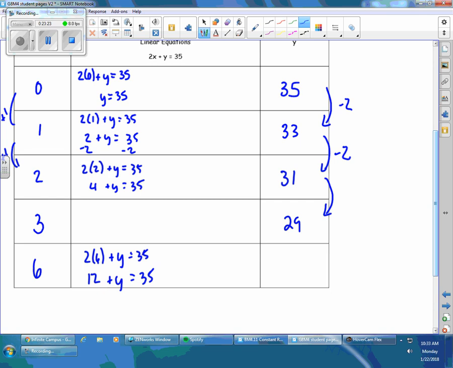And this is going to be 23. The difference between 29 and 23 is 6. The difference between 3 and 6 is 3.